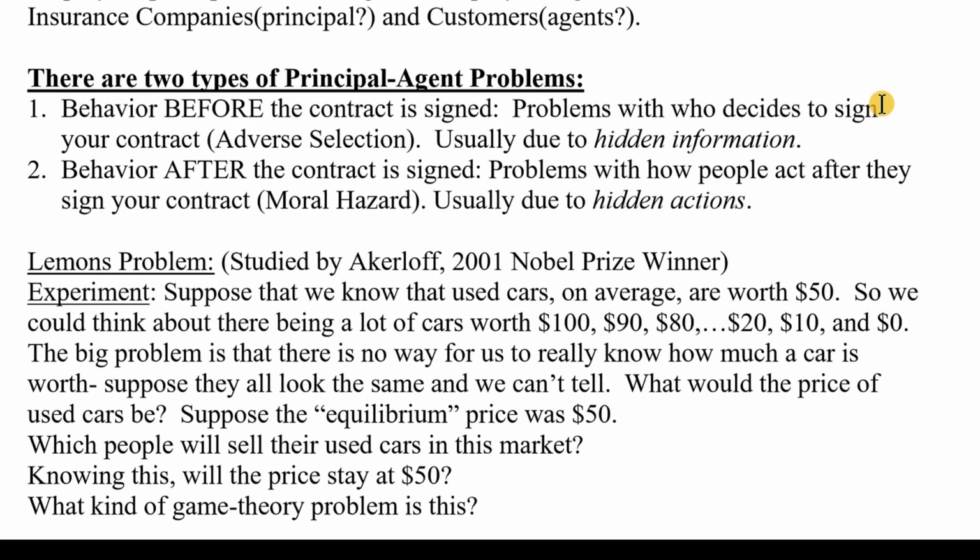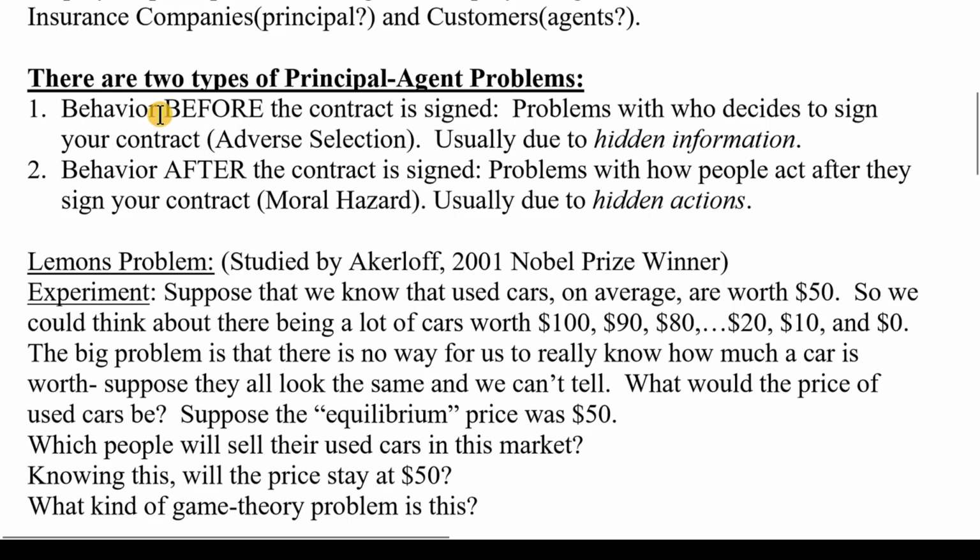The two main types of principal-agent problems that we like to talk about are adverse selection and moral hazard. I like to think about adverse selection and moral hazard a little bit differently than many textbooks. It all boils down to being the same thing. So the way I talk about it will add to your knowledge. It's not going to add to your confusion.